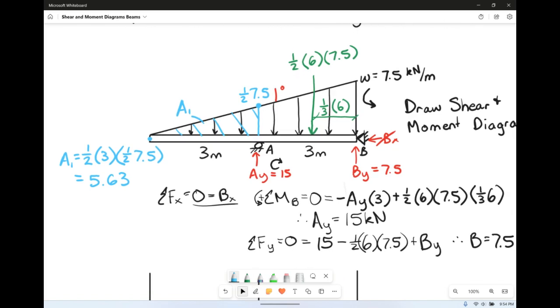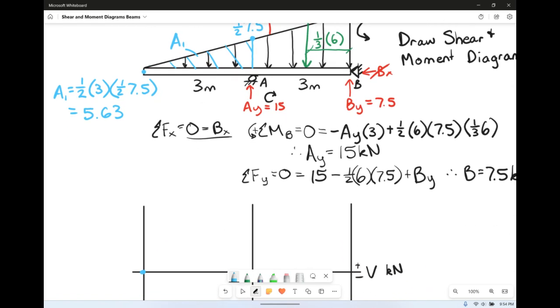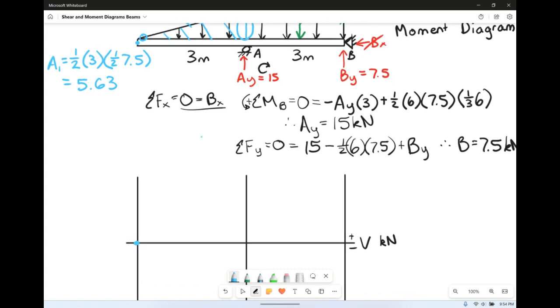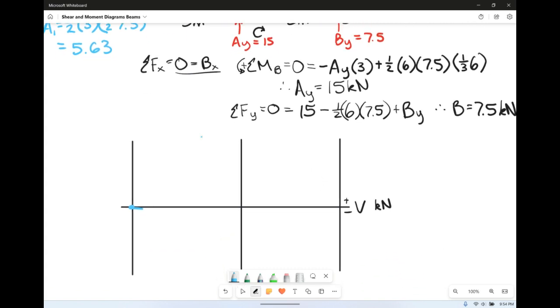So we need to be going down, but we're starting off really small and finishing really big. So we're going to start off with the slope really small, and down here we're going to be at negative 5.63, and it's finishing really big. So there's our 2 slopes, and we just have to connect the dots.